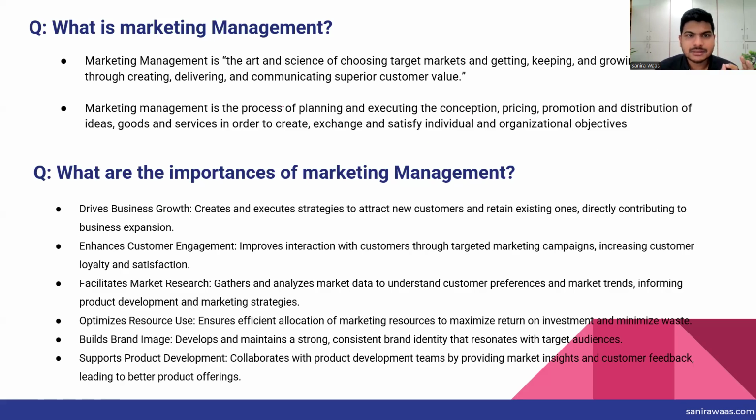Marketing is a process. Maybe you can clearly identify it's a process of planning and executing the conception, pricing, promotion, and distribution of ideas, goods and services, in order to create exchange and satisfy individual and organizational objectives.